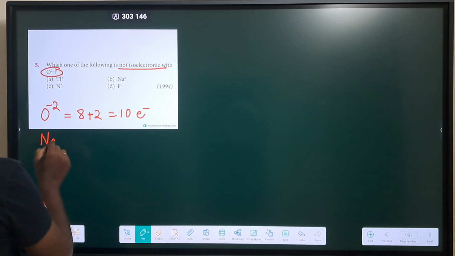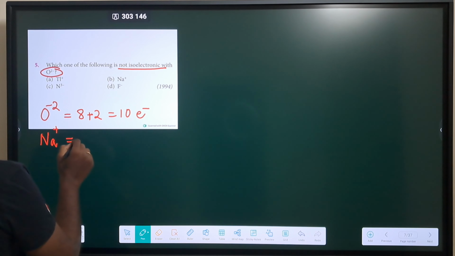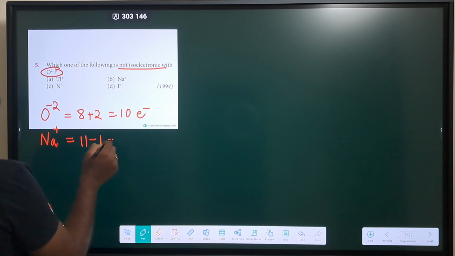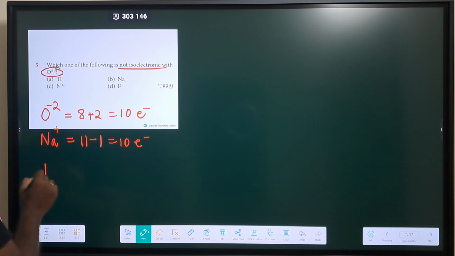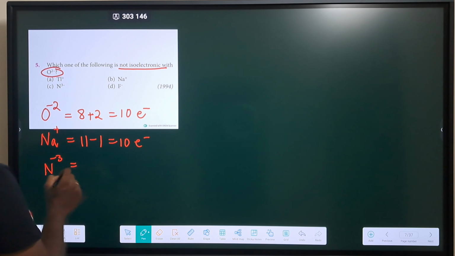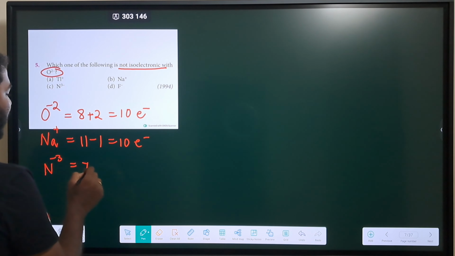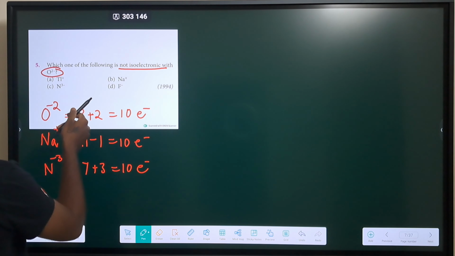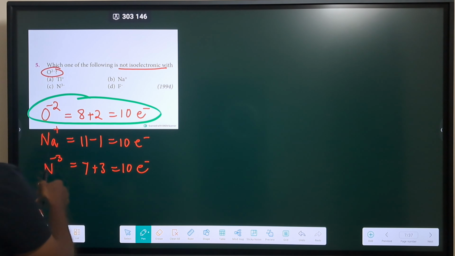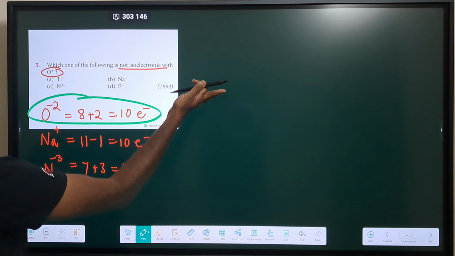Similarly, if we look here, there is Na plus. In Na plus there is 11, plus 1 means minus 1, so 10 electrons. Yes, this is not our option. And then next N minus 3, what is the meaning? N has 7 electrons, minus 3 means 3 electrons added, so 10 electrons. So O minus 2 also has 10 electrons and both of these also have 10 electrons. So not isoelectronic.